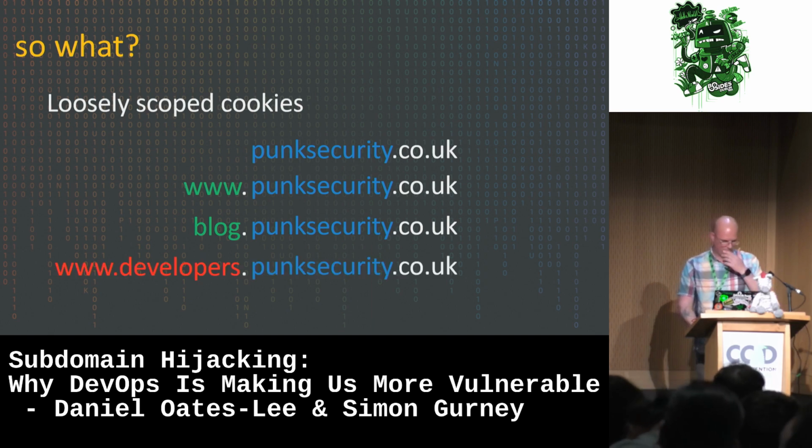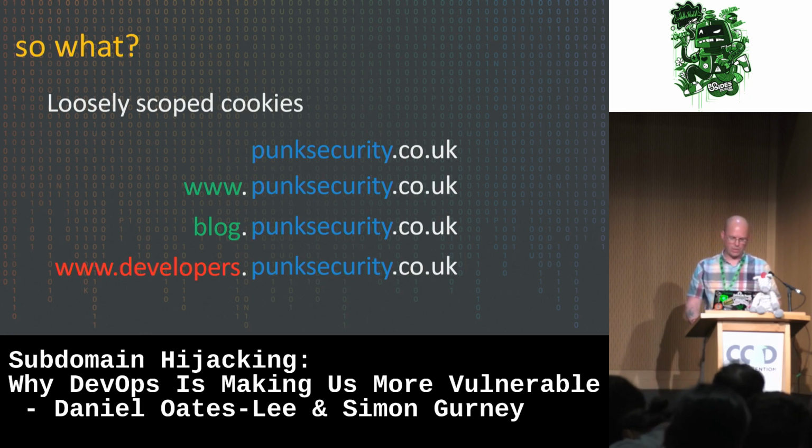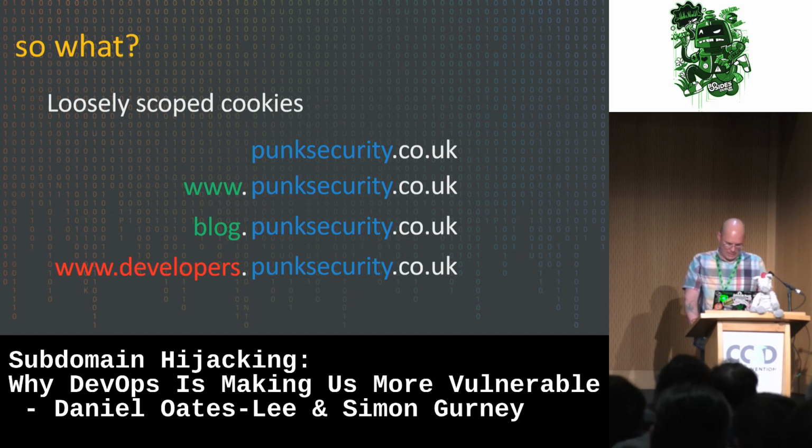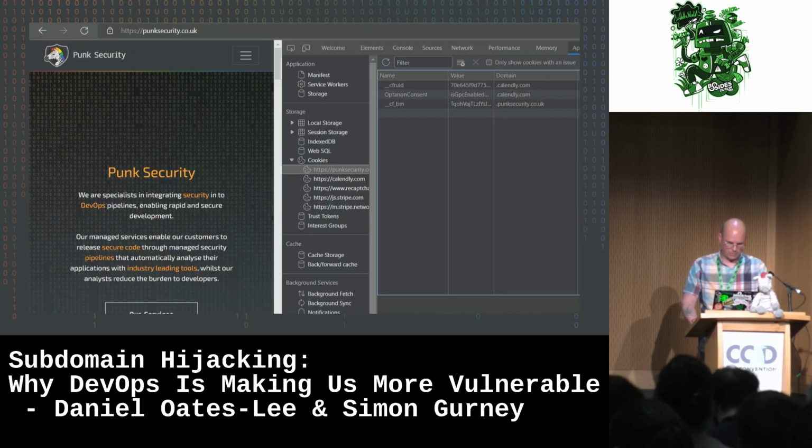So if we look here, if we created a cookie on our main web page, www.punksecurity.co.uk, the attacker would be able, if they took over one of the name servers or took over one of the CNAMEs, like on GitHub, they would be able to get a feed of the cookie from the main website. So how does that look, and why does that happen?